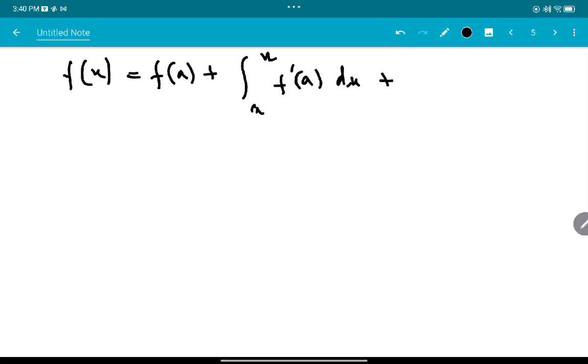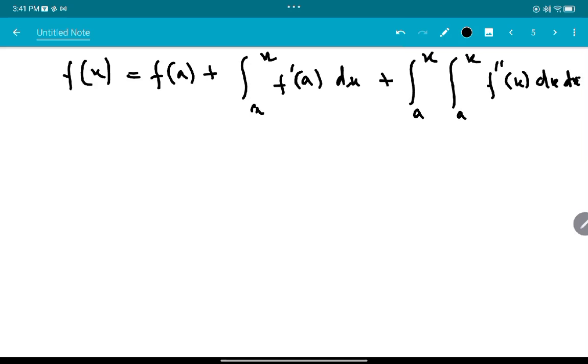Now, a to x, twice the integral a to x, and then f''(x) into dx, or you can also write dx squared.